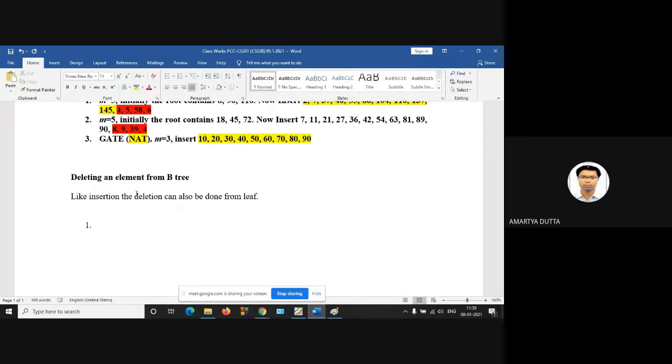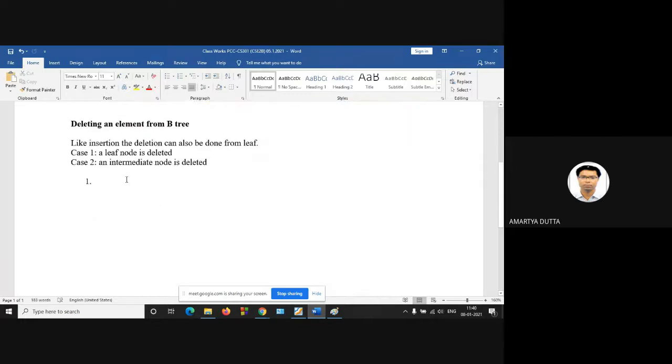Case 1 is that a leaf node is deleted, and case 2 is that an intermediate node is deleted.